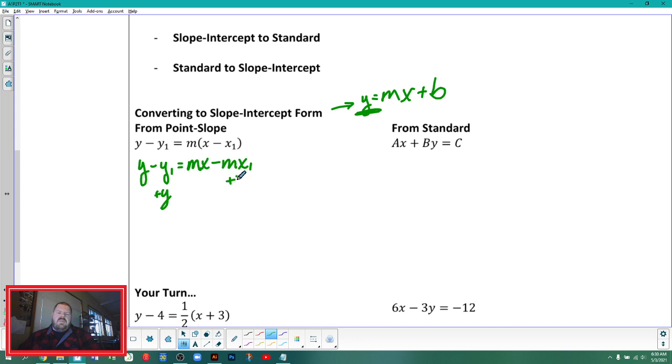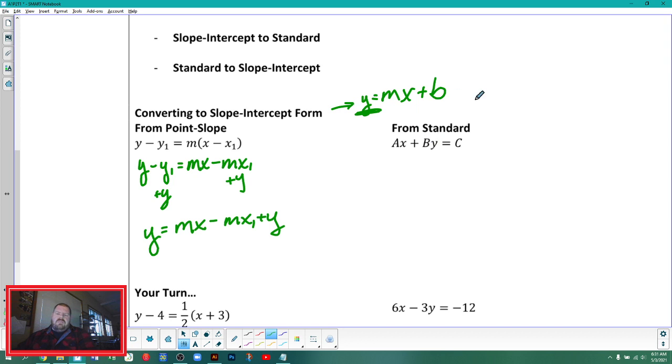And that y will probably get added to the mx1. And then that'll have an x term, slope times x. And then all that together will give us our b, is the idea there.